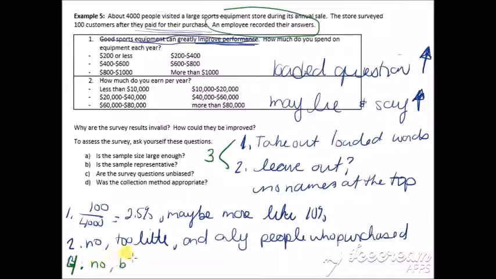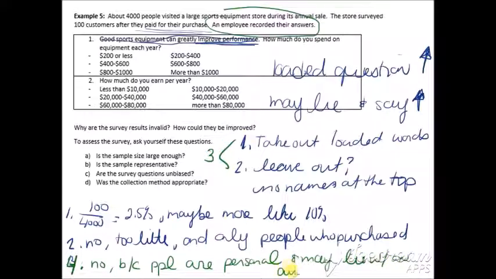No, because the questions are personal and people may lie with an audience. So maybe it can just be like, fill this out online, or fill this out and drop it in the box, right? Instead of an employee surveying them.